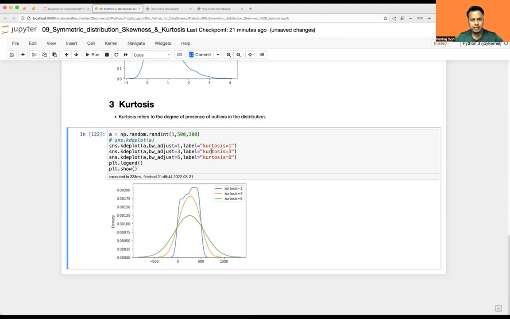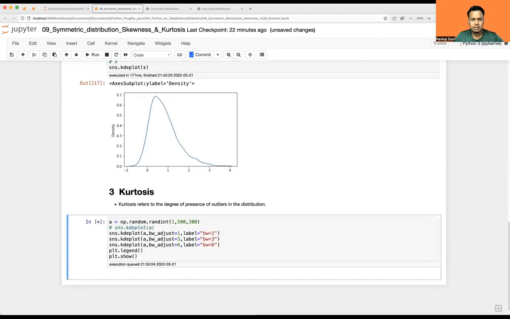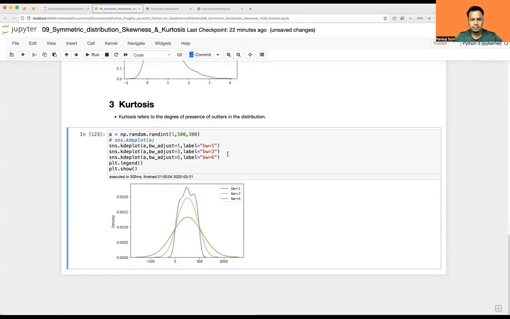Okay, I could have given it in a different way. Here, this is not the kurtosis. Basically, kurtosis will be different. Here we are just giving bandwidth. This should be bandwidth, not the kurtosis, because the higher the kurtosis, the less the variance. So bandwidth 1 means high kurtosis.